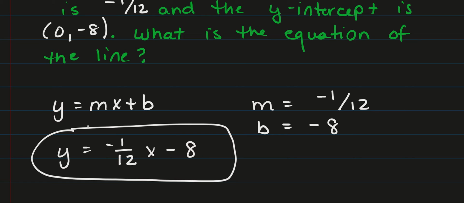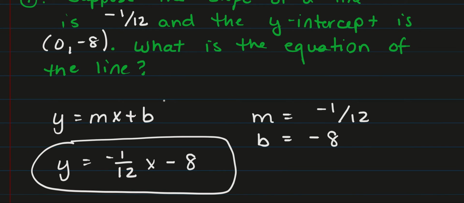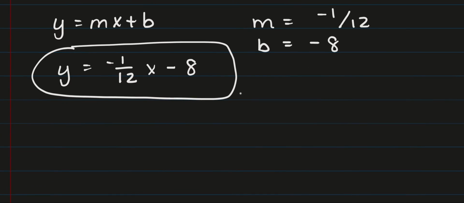Now the next thing I want to do is give you a point that's not the y-intercept, and I want to give you a slope and see if we can find the slope-intercept form. Let's scroll down a little bit.